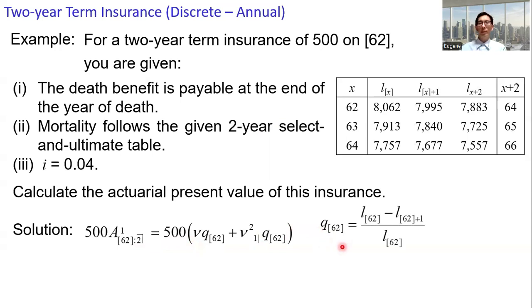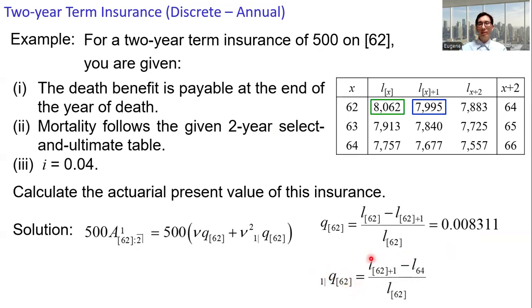By definition, we have this expression, the corresponding numbers, l[62], select life, and then l[62]+1. We get 0.038311. And then 1 bar q[62], the select life at age 62, we have this expression.